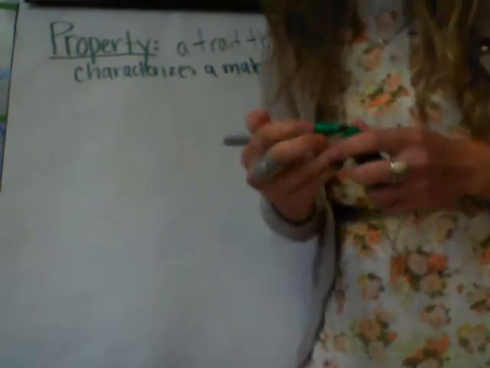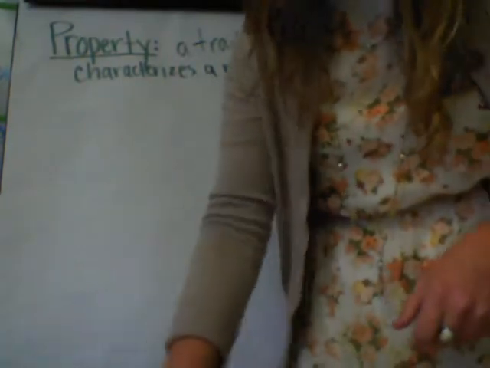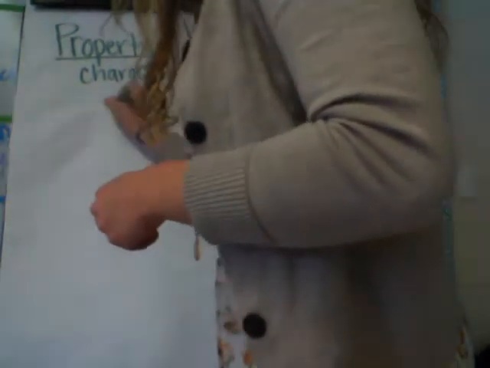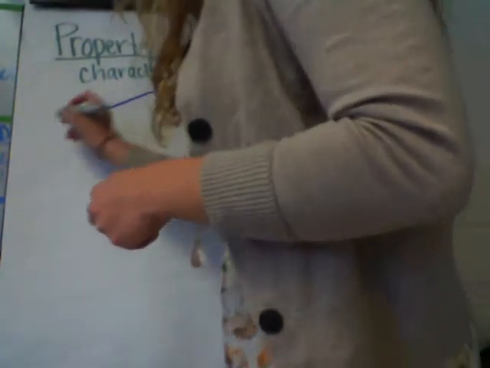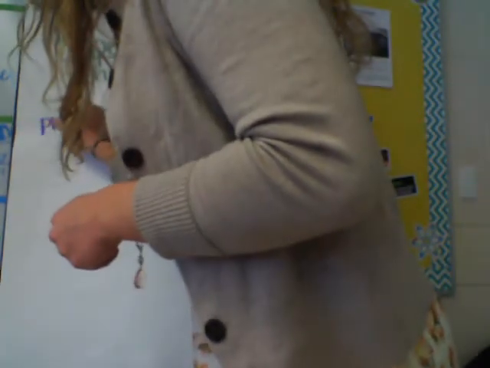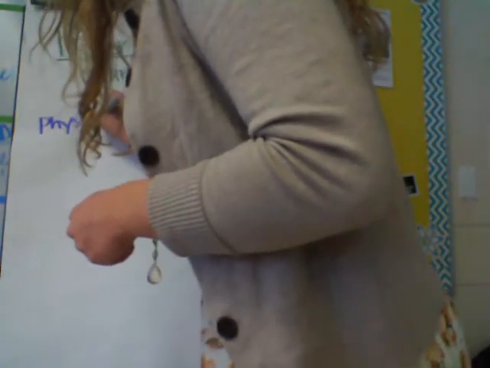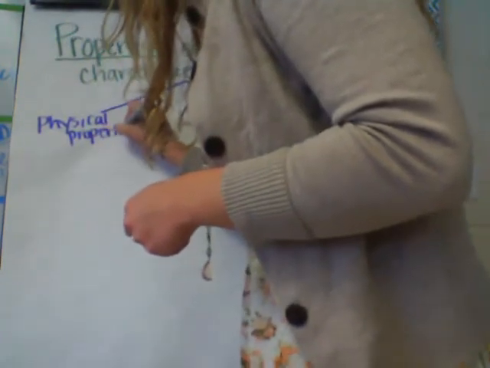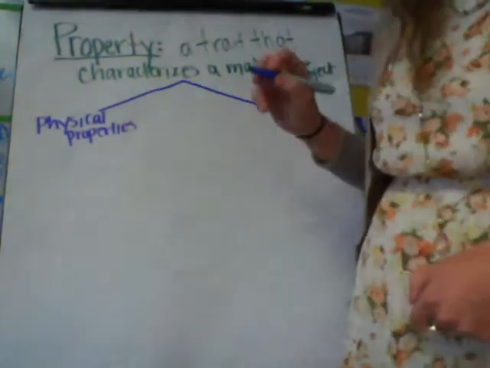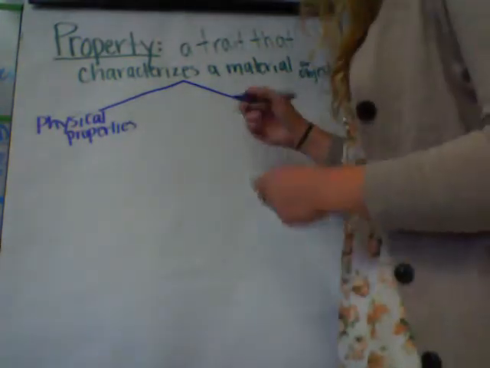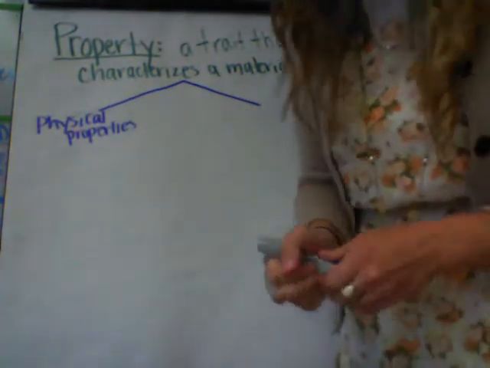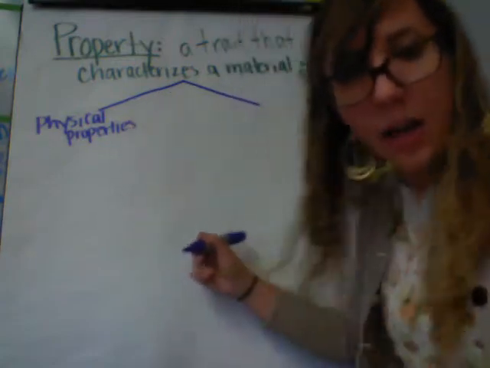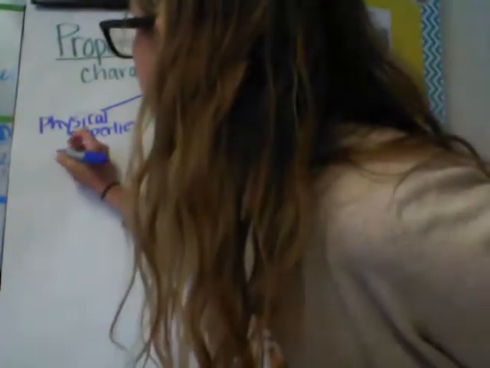Okay, now for example, we have physical properties, and we also then have chemical properties. And a physical property, you can determine it without a chemical reaction.